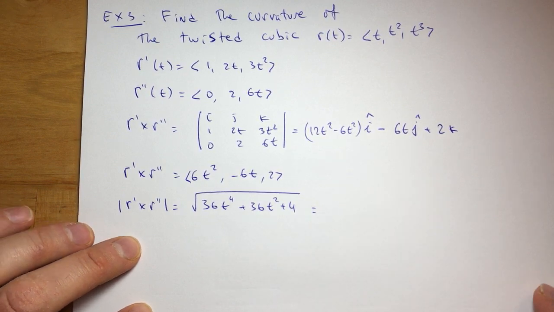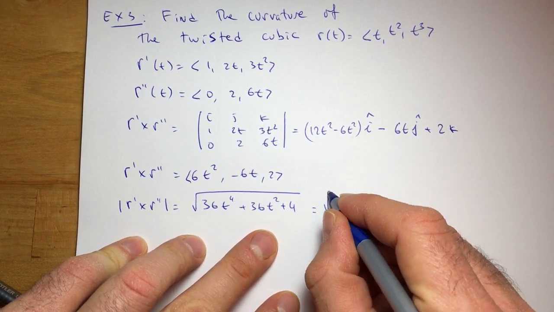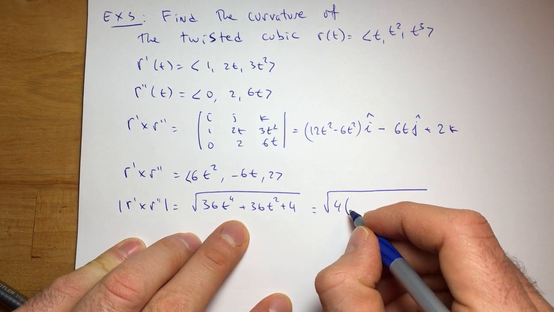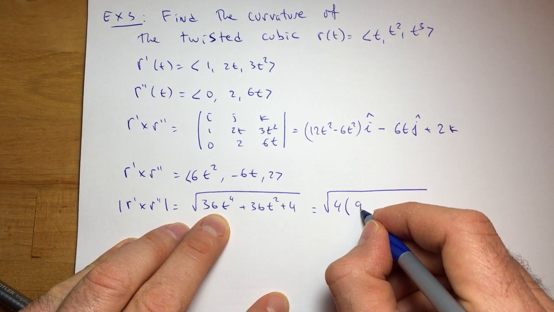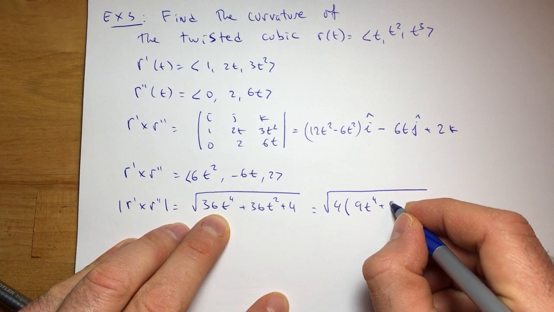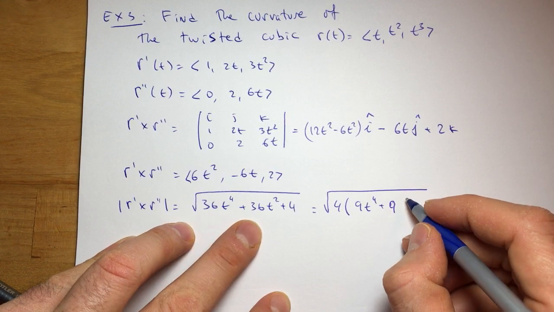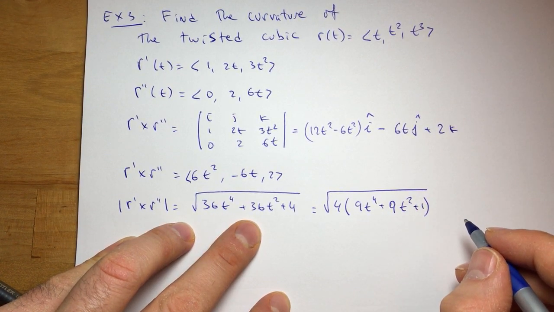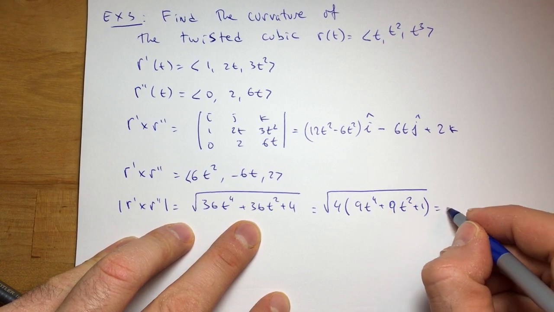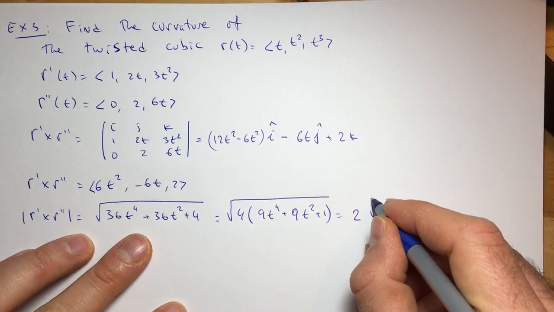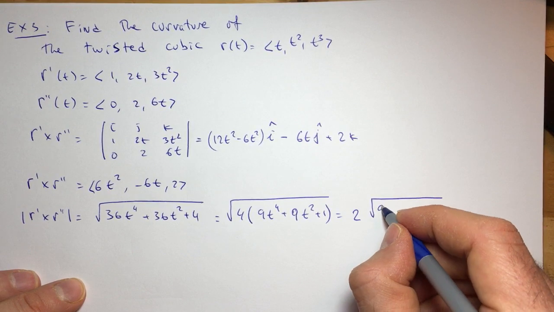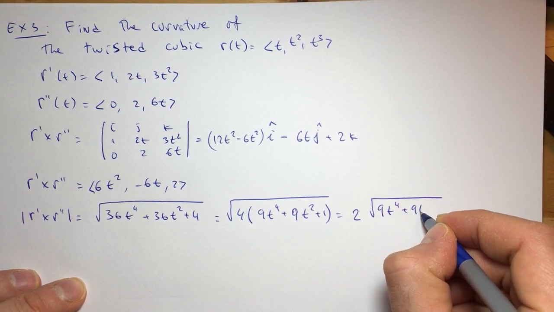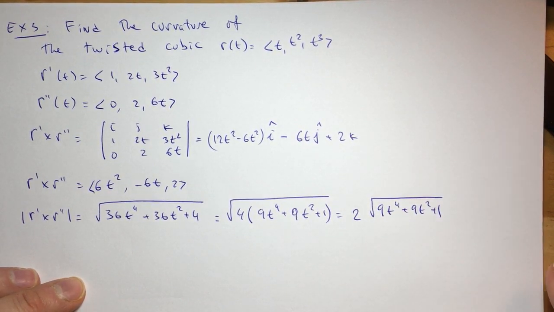Let's see whether we can simplify this somehow. We can factor 4 out of the square root, and we have 9t to the power of 4 plus 9t squared plus 1, which is equal to 2 times the square root of 9t to the power of 4 plus 9t squared plus 1.